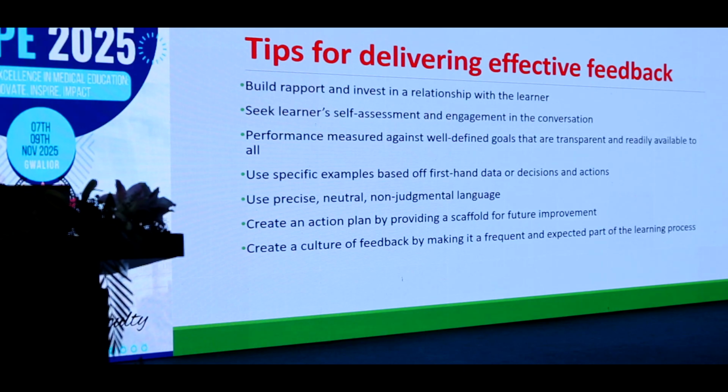And specific examples based on first-hand data or decisions or actions should be used. And very important is that we have to use a non-judgmental, neutral tone. In fact, we should tell ahead that feedback is only for the improvement of performance of the student. It is not a method of judging the student, and it should be followed by creating an action plan in the end.